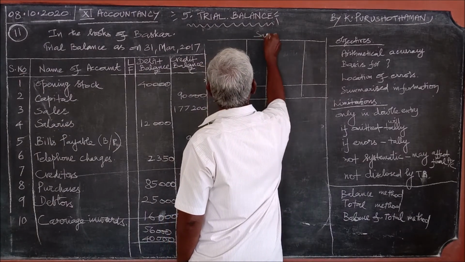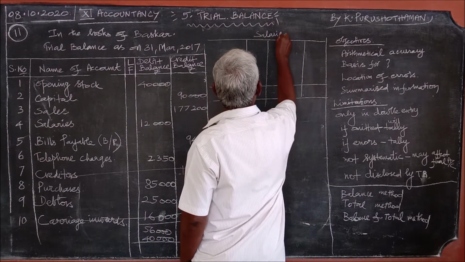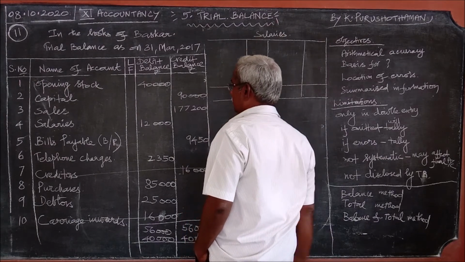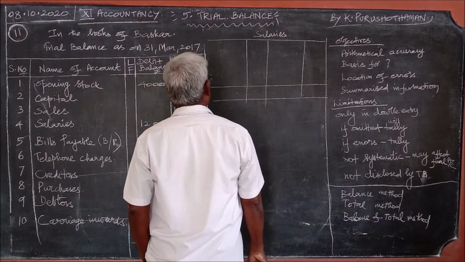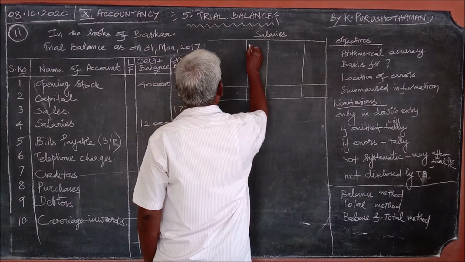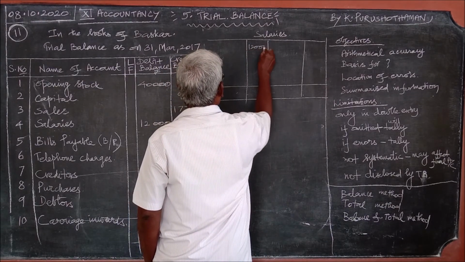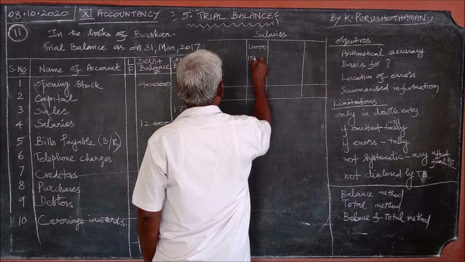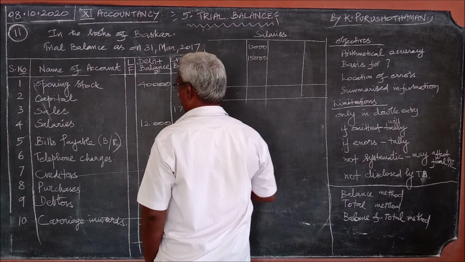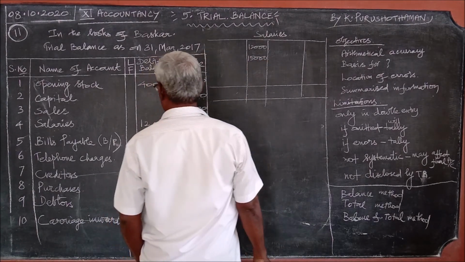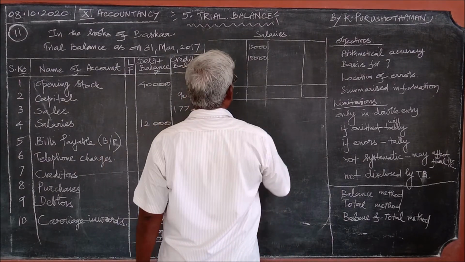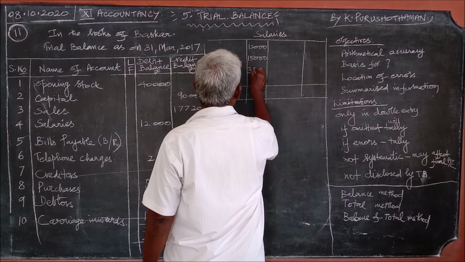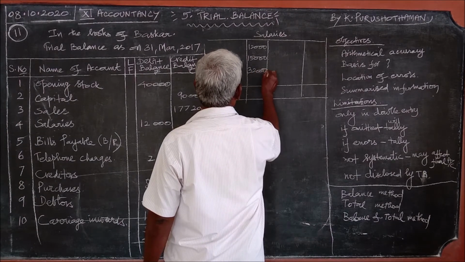First one I prepare for salaries. Just for example, I am doing for salaries here: 12,000, 15,000, 15,000, 32,000.